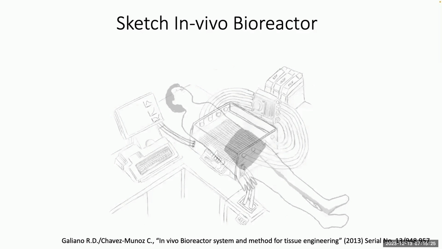And so I thought, why don't we take advantage of the human body and use that vascularity to start growing, in this case, skin? So I imagined an in vivo bioreactor. This is the first sketch that I did. Obviously it's not like this, but I imagined a modular device that you can place on the patient.